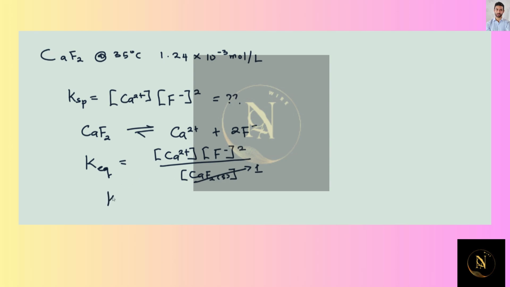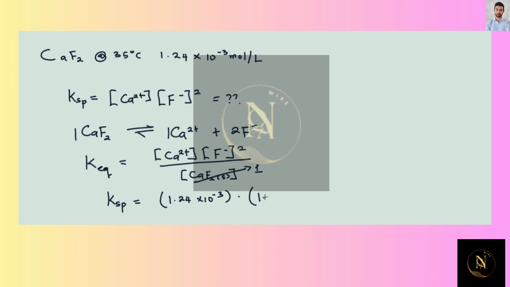Therefore, KSP would then be equal to, the concentration of calcium fluoride is 1.24 times 10 raised to power minus 3. And this will be equal to the concentration of calcium 2 plus, because 1 mole of calcium fluoride will produce 1 mole of calcium 2 plus and 2 moles of fluoride ion. So the KSP expression will be calcium 2 plus concentration, which is the same as this, multiplied by the fluoride ion concentration, which is the same as this, but raised to power 2.